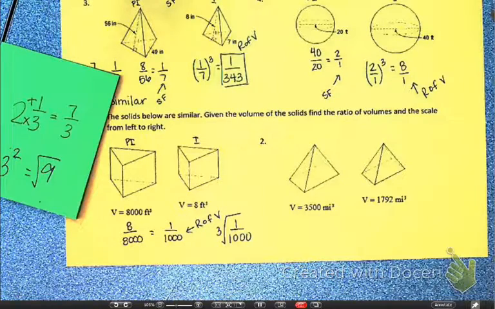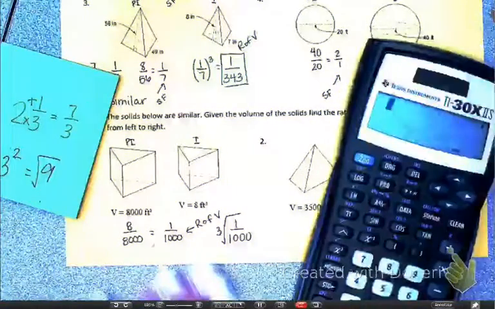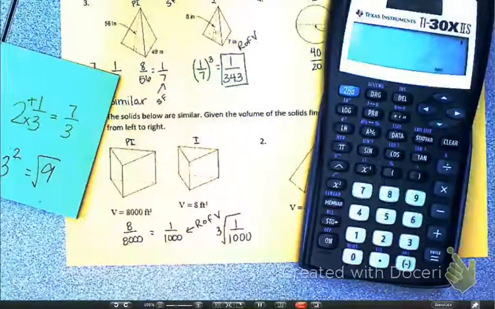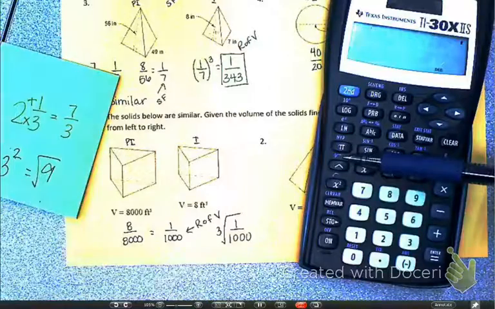And guess what? Your calculator is going to do all the work for you. Ready? Everyone have their calculator? Okay. So in your calculator, do you see the button that has this X root on it? Yeah. Okay.